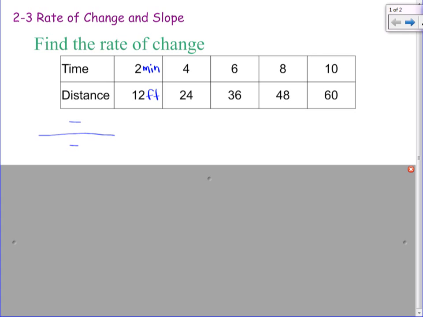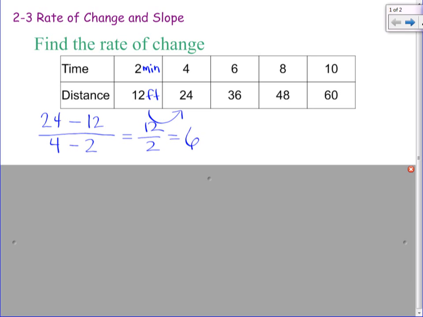So let's just go from here to here. Okay, so if we take our distance and we subtract our time, we get this number that she brought up as 6. Okay, that's the rate of change.